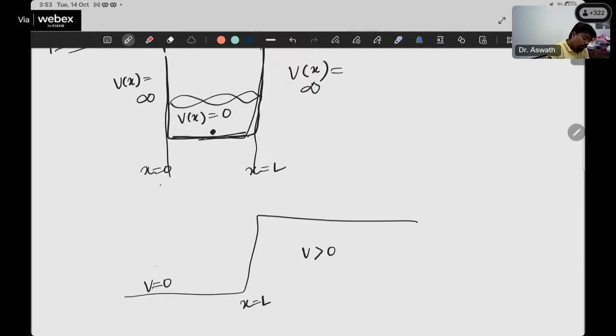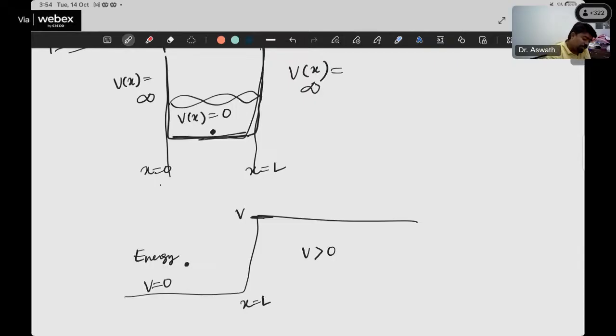So now I'll send an electron with some energy E. The question is whether the incoming electron energy is more than this V value or less than the V value.